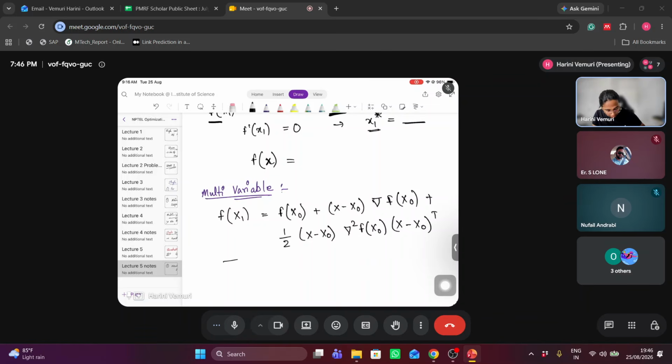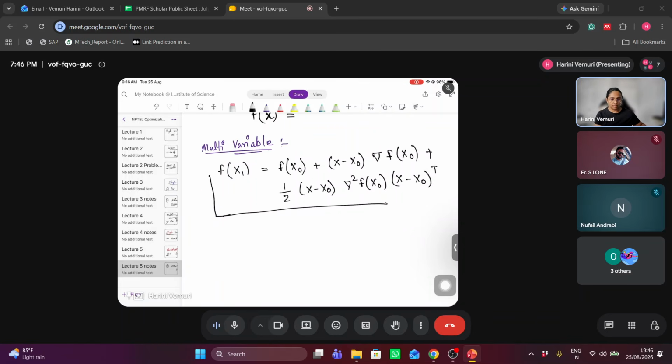This is how the multiple variable problem looks. Similarly, we have to do multiple iterations till we know our main function f of x has an optimum value at that particular point. In that case also we need to see del of f of x star should be equal to 0. Okay, then we will know the optimum.